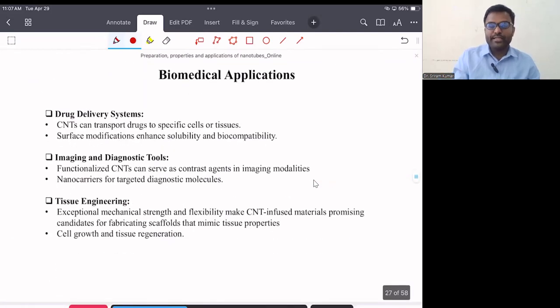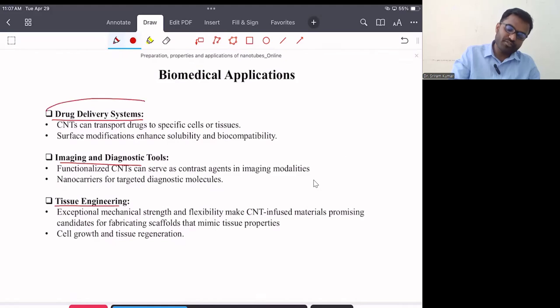And the next important application of carbon nanotubes is in the biomedical field: the drug delivery system, second the imaging and diagnostics tools, and tissue engineering. If you think about the drug delivery system, if you want to deliver a drug to a specific tissue or cell, we can use CNT here.